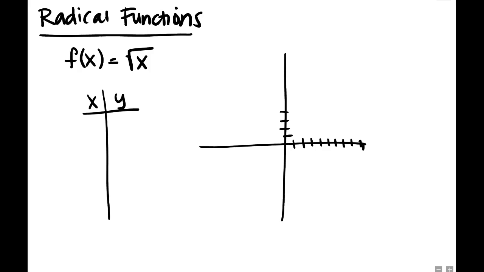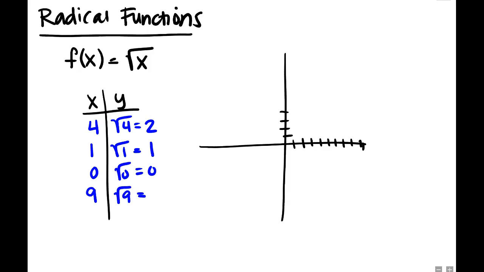As I'm choosing numbers, I would choose an x like 4, because the square root of 4 is equal to 2. I would choose 1, because the square root of 1 is equal to 1. I would choose 0. I would choose nice, pretty, perfect squares, and that would be a good way to start the graph out. I could obviously get decimals as well, especially with the calculator, but I'm sticking with my pretty answers.